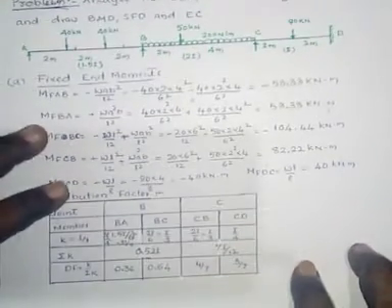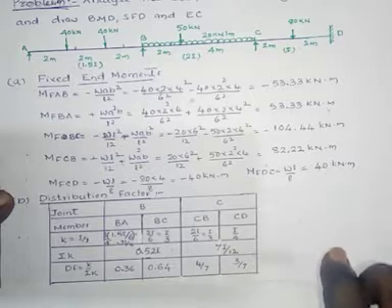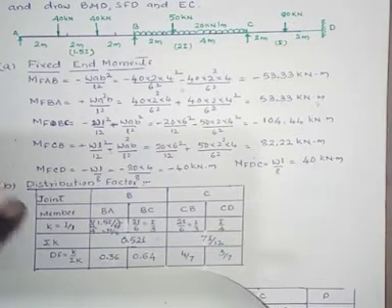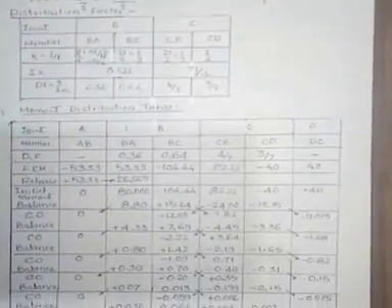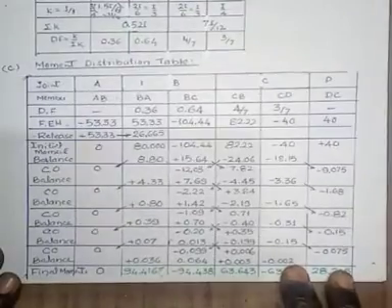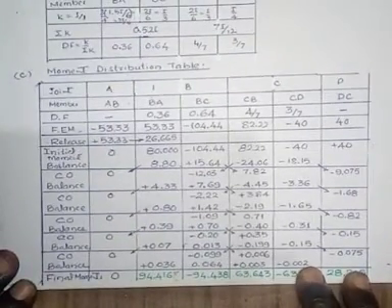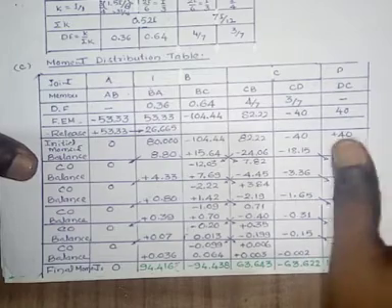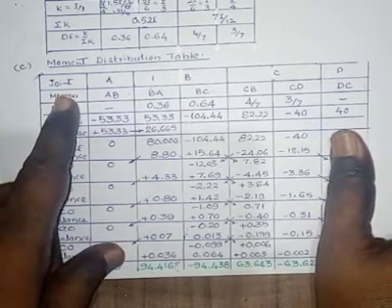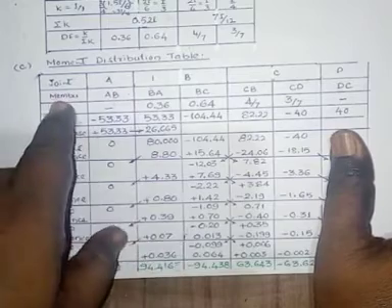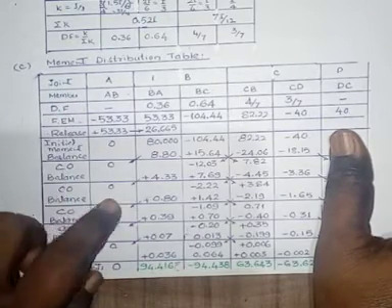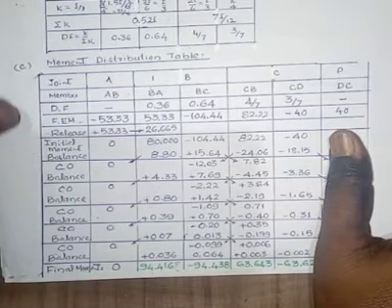After knowing the values of the distribution factor, we have to go for the moment distribution table. Here this one is the moment distribution table. Start from joint A, then joint, then member, distribution factor, fixed end moment.